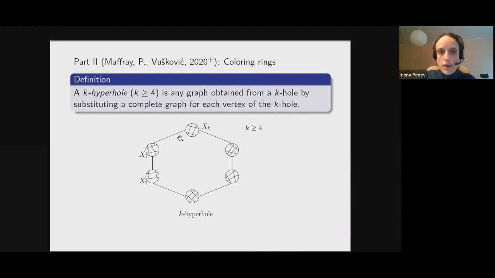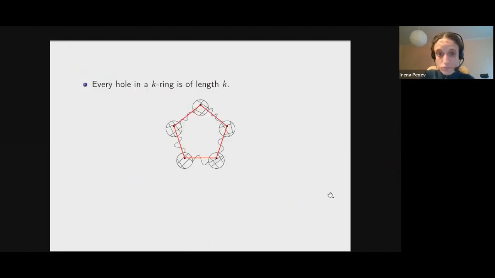So again, a reminder about K hyperholes. That's when you take a hole and then blow everybody up to a clique. Also a remark: if you have a ring, then every hole of that ring is of the same length as that ring, meaning all the holes that you can possibly get look like this red thing.